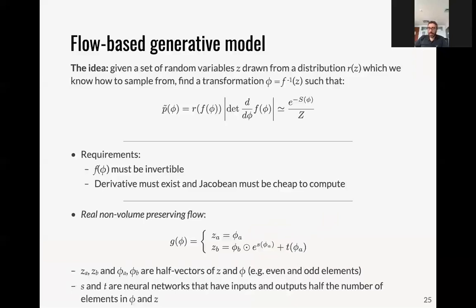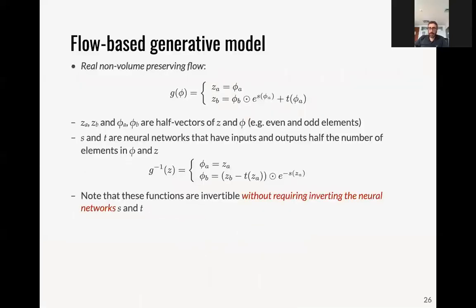Okay, what's special about this choice? Well, I just wrote it here again so that we can see it. So first of all, you can invert it, right? So you can write G inverse of Z and it's just given by this expression, where you see now that you don't need T inverse and S inverse.